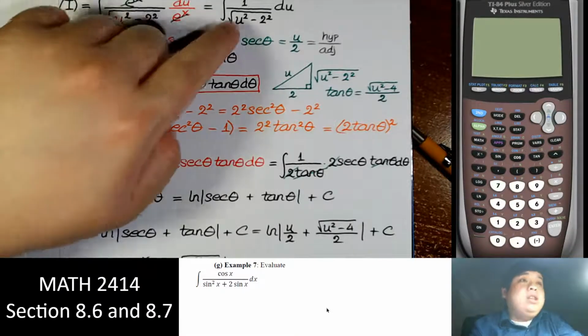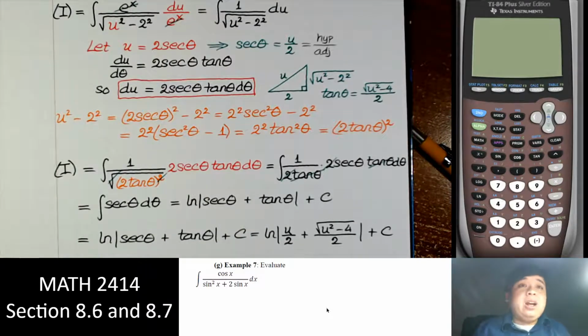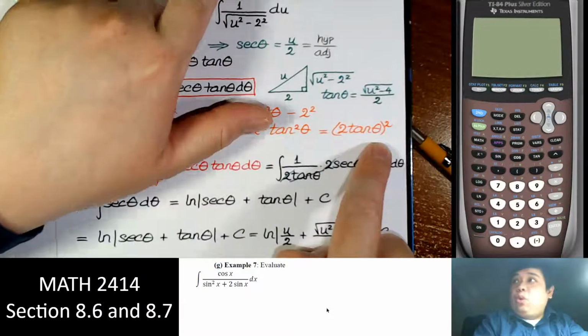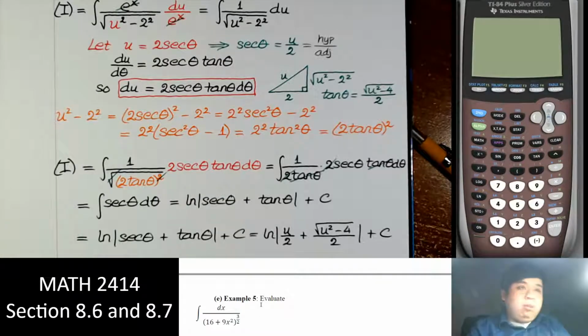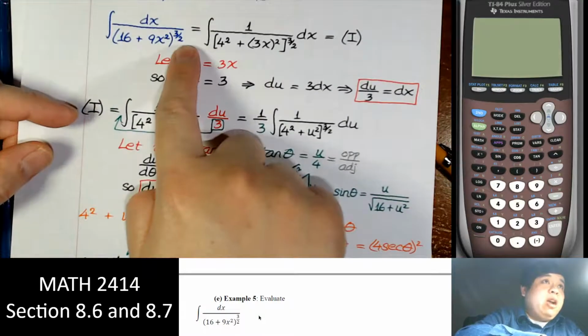Usually when we see a square root and then a square inside that, automatically it's a trig substitution, because when we do this, we usually end up with a square that cancels with the square root. And on the previous problem, the 2 at the bottom is kind of like the square root.